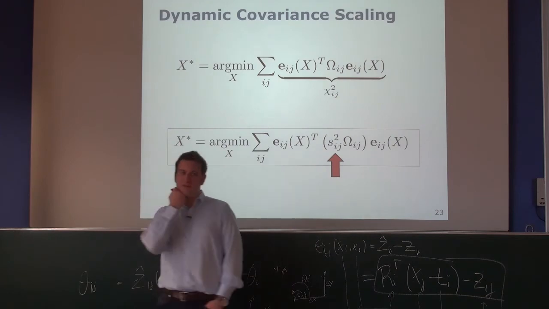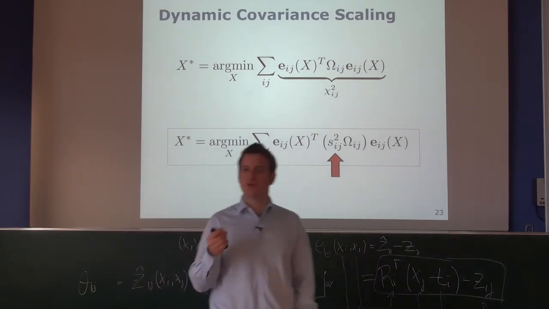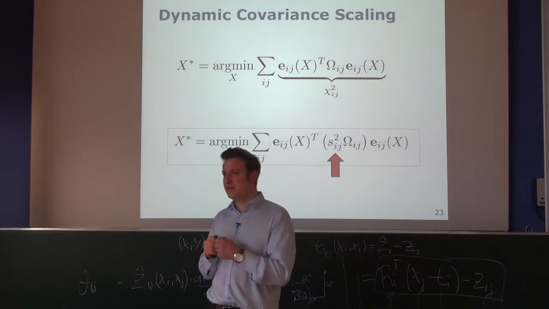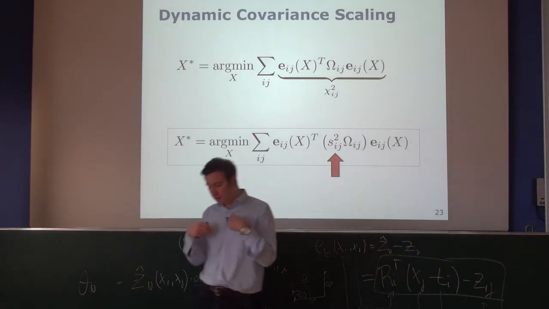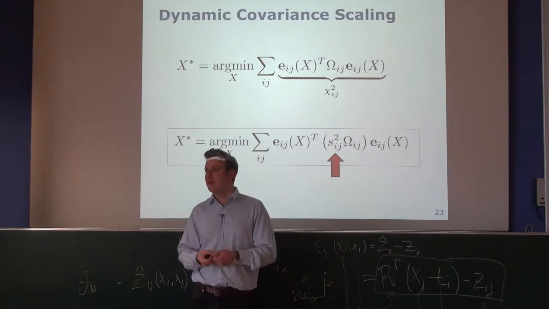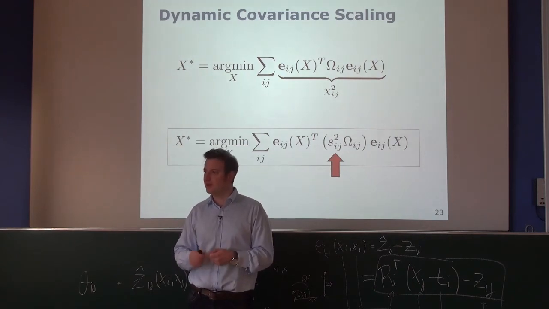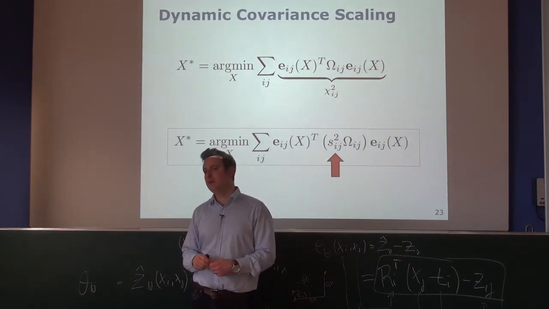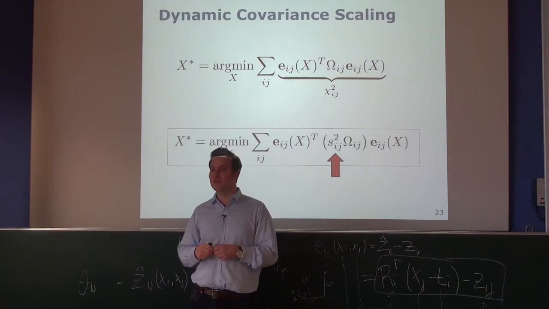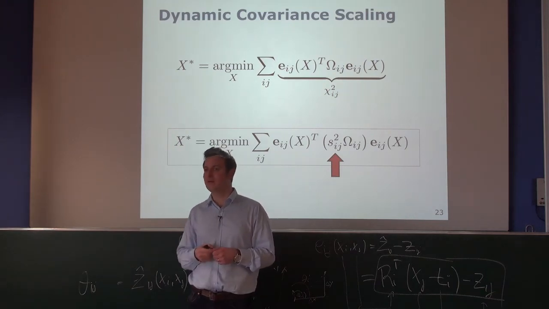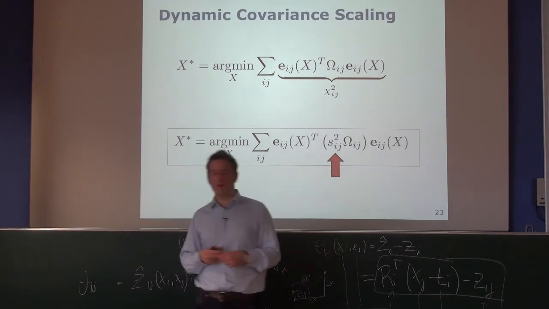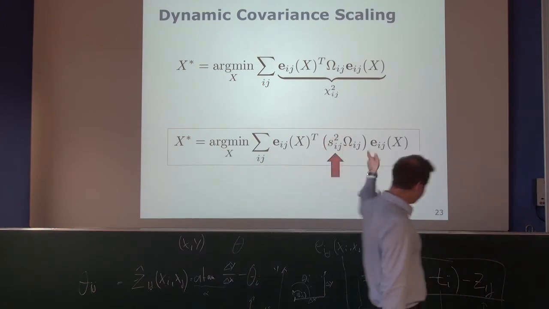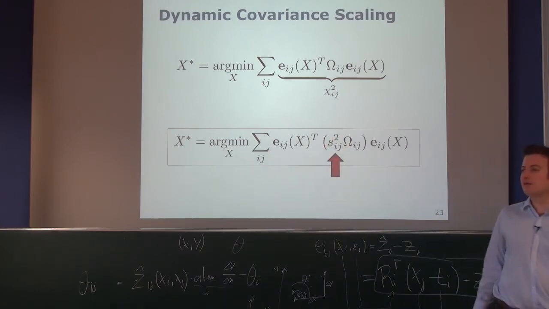The intuition behind that is, if I have a constraint which has a large error, where the current configuration is far away from what the constraint tells me, just increase the uncertainty associated with that. So decrease the information matrix, scale down the information matrix.